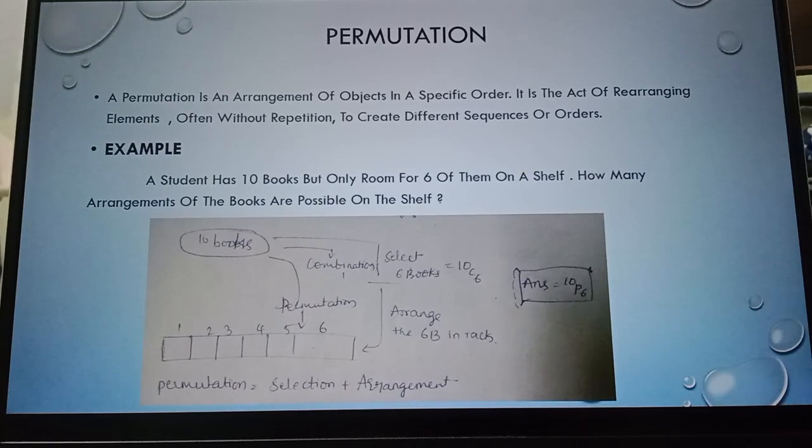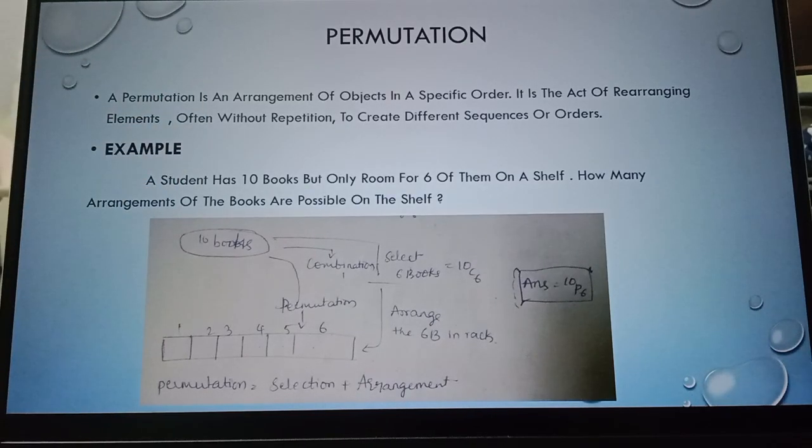The first step is we need to pick 6 books from those 10 books. This is called selection, and later we need to arrange these 6 books on a shelf. Here in the picture we can identify 10C6 for selection.